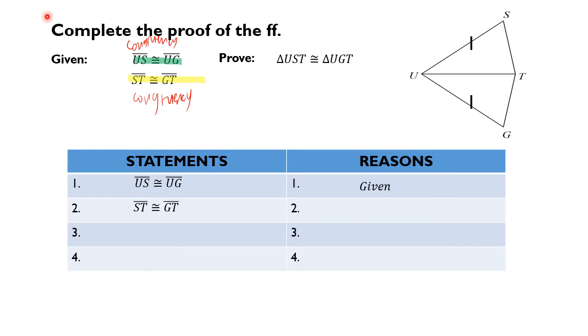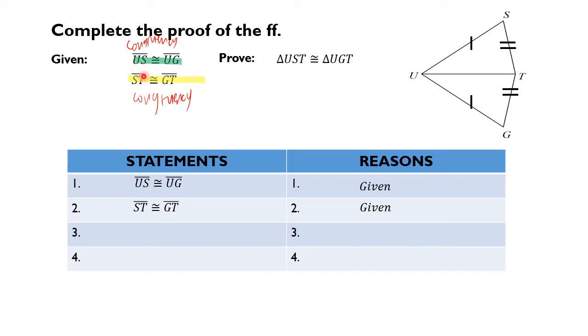So, after you're done writing side ST is congruent to side GT, go back to the diagram and let's mark the following parts. Side ST is congruent to side GT, and you have to write your given here. The reason is still given.